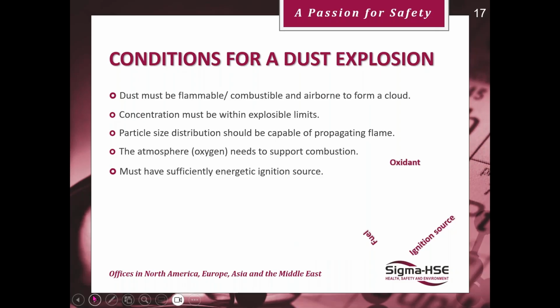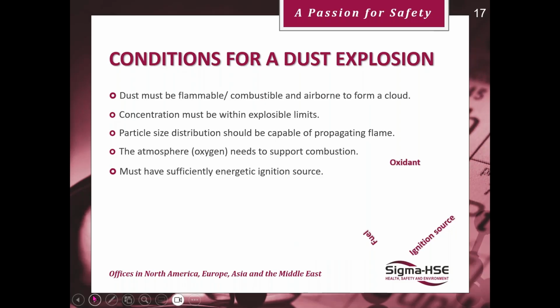In the atmosphere where the dust cloud is present, looking at oxygen, it needs to support combustion. So normally we look at normal air, and that's basically roughly 21% oxygen. And you must have a sufficiently energetic ignition source.